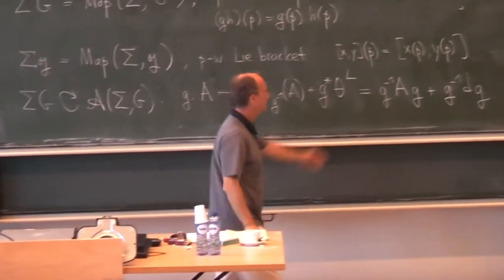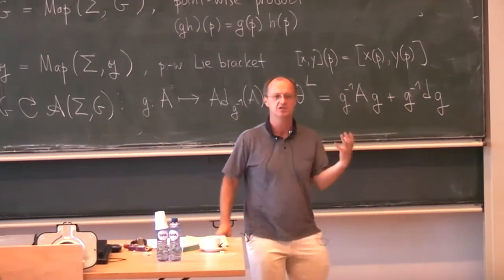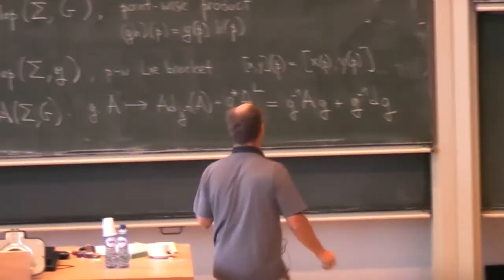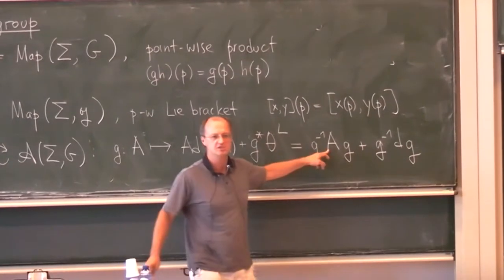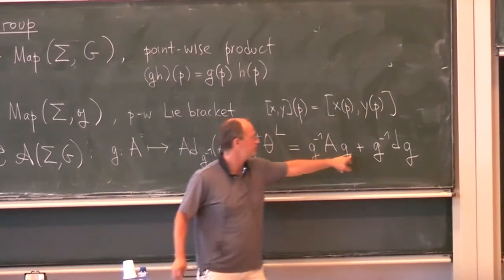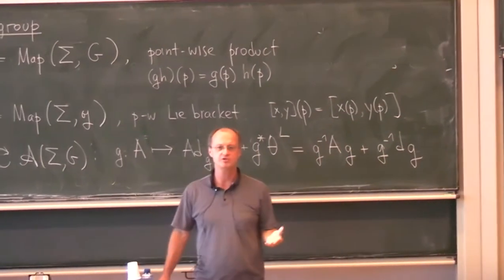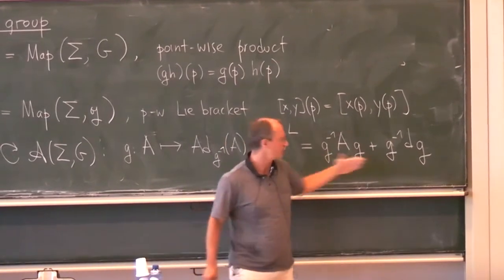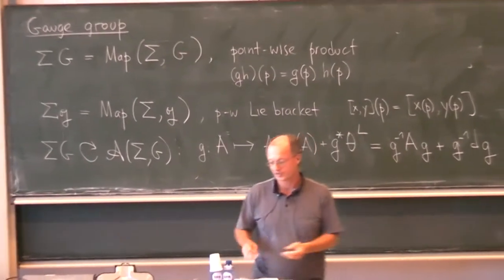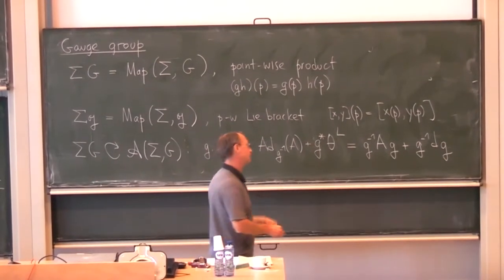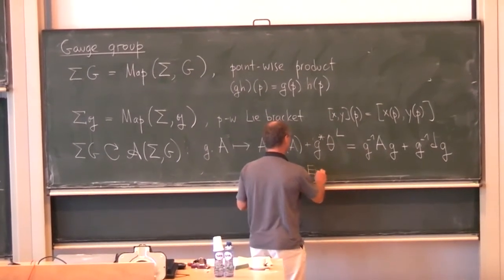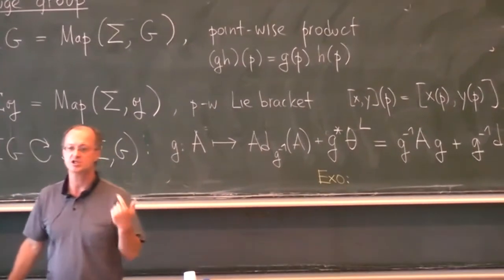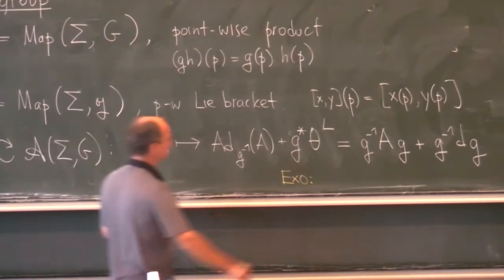And here of course I pretend that I deal with matrix groups and matrix Lie algebras. So if I think of A's as matrices with values in one-forms and g's just as maps with values in matrices, then of course I can write down such an expression. Perhaps it's an exercise. Probably we're not going to look at it in the exercise session, but if you've never seen such an action, it's a good exercise.